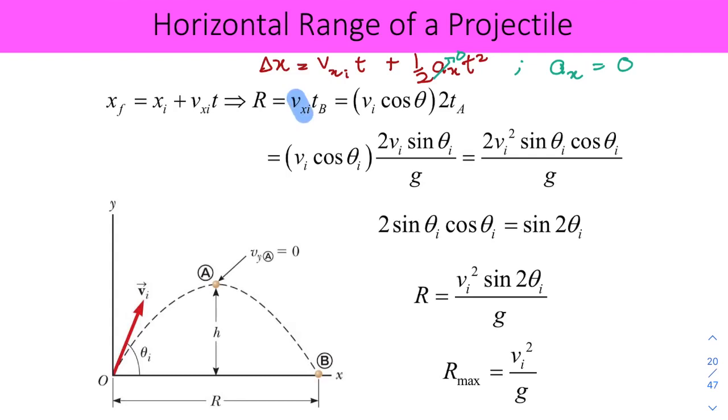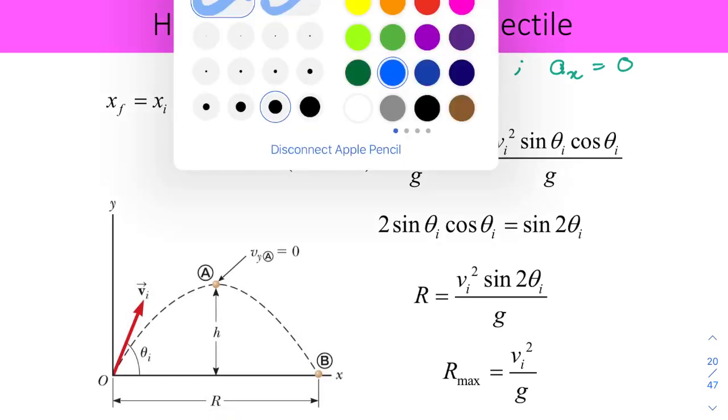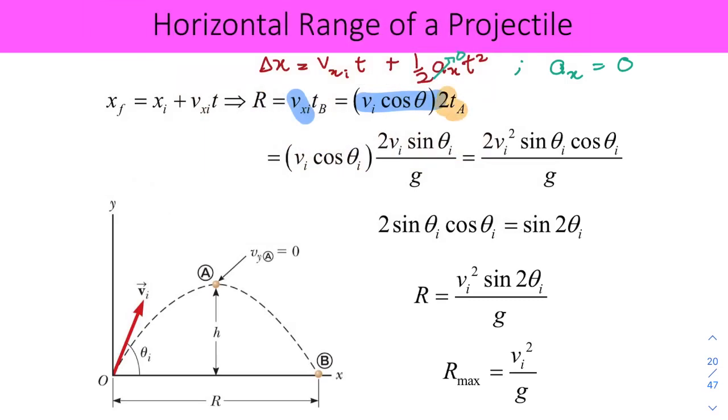So this is your X initial. Okay, the T to move from origin up to point B to have the range, right? So it's actually 2 times the T to move from origin to A. That is why, okay, T total in flight, we call it.